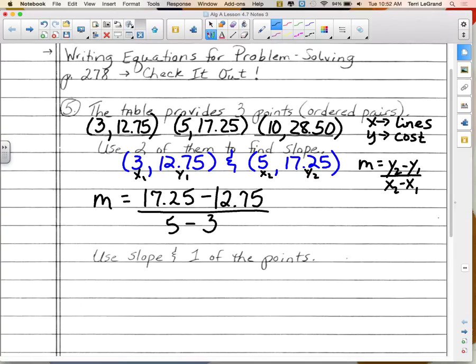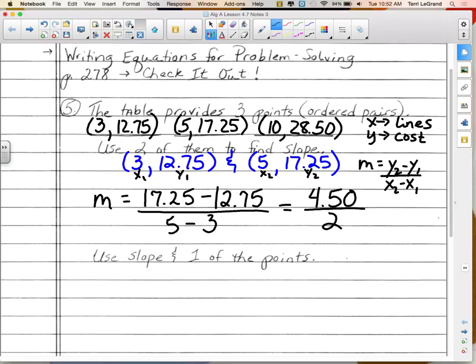53 cents? Really? $17.25 take away $16.75. These are all quarters. How many pennies? Okay, so what is it? 12.75. Yeah, so what does it become? 4.5. Okay, so it's really $4.50, isn't it? Or 4.5 is fine. And then downstairs, 5 take away 3 is 2.